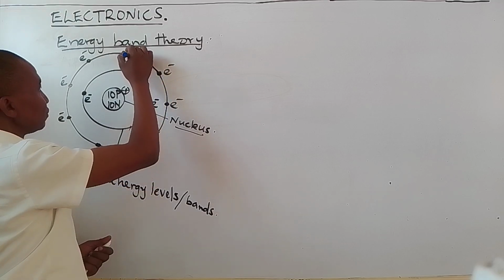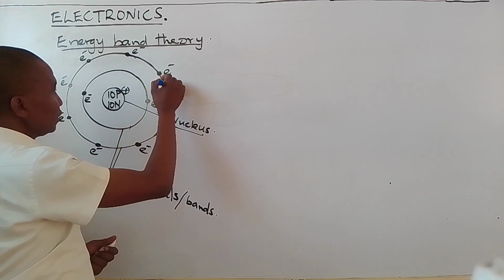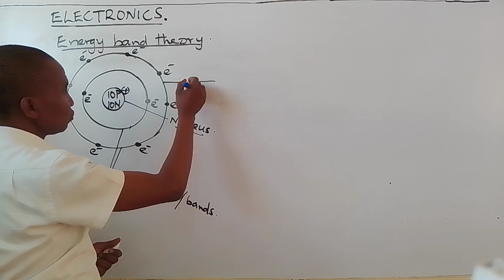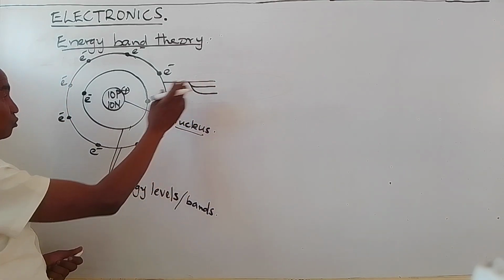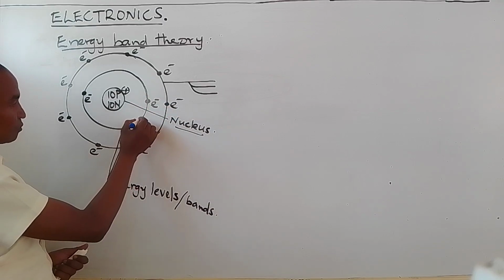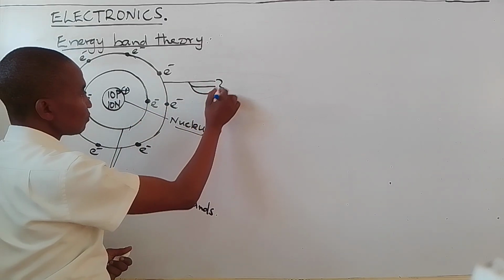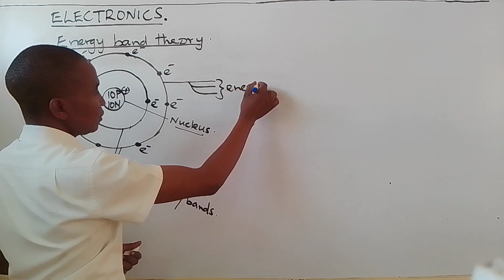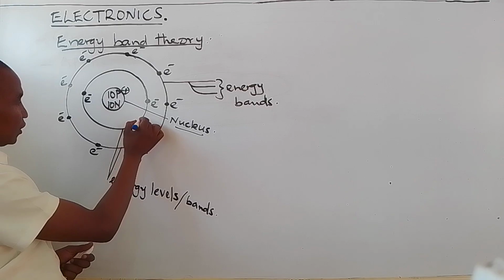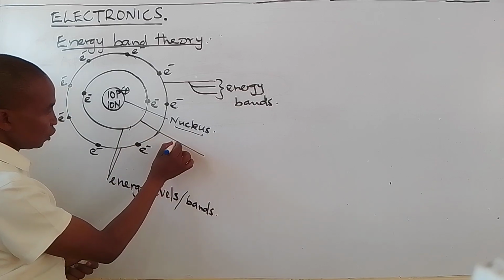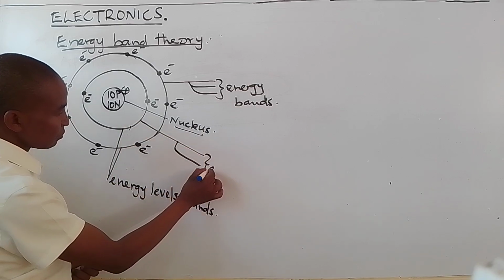For example, this one may split into three energy bands. These are energy bands. And this may split into two energy bands.